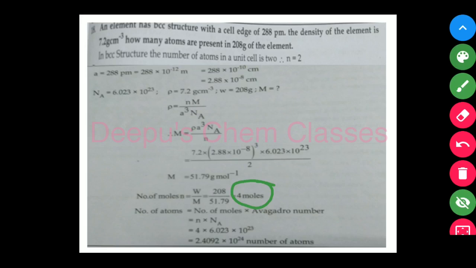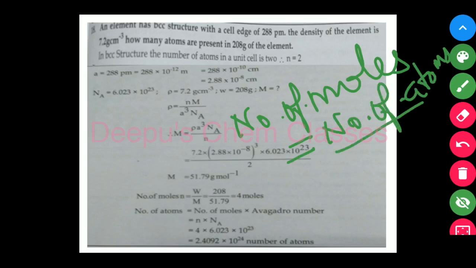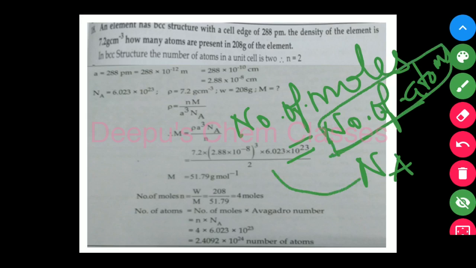Then based on the number of moles, we have a formula relating number of atoms and number of moles. Number of moles is equal to number of atoms divided by Avogadro number. This is the formula you may have already studied in 10th standard. In order to find the number of atoms, bring this term to the other side.